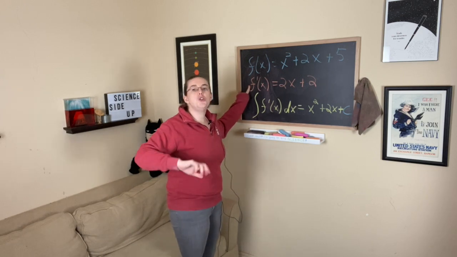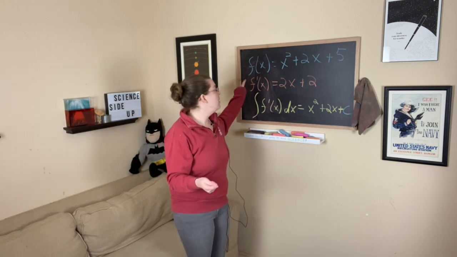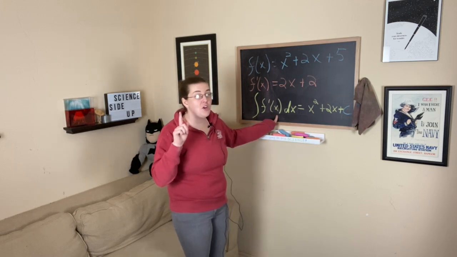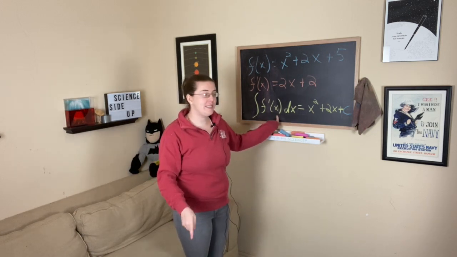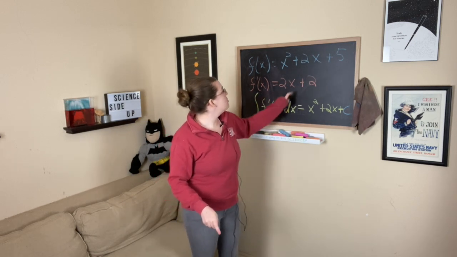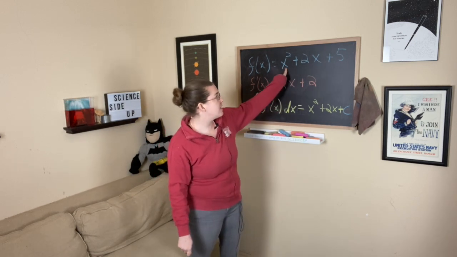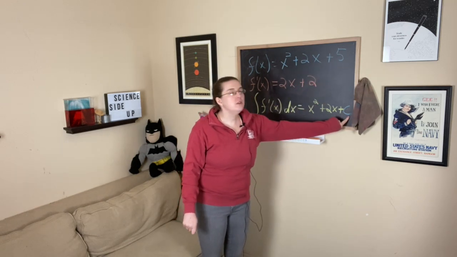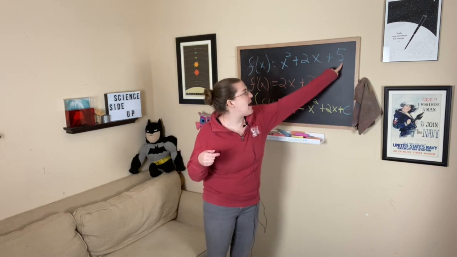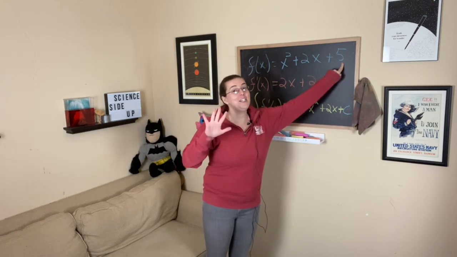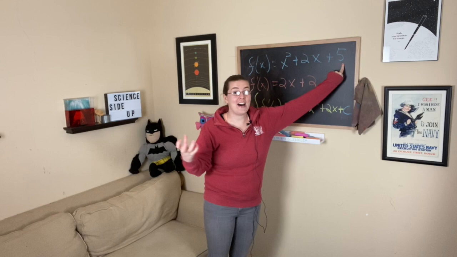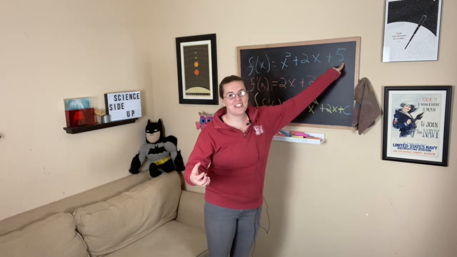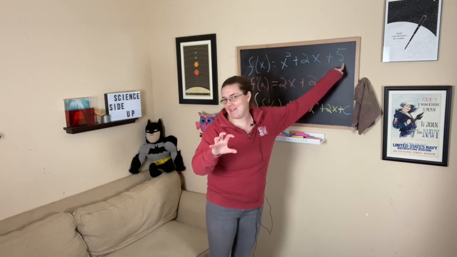And then we were able to undo the derivative by taking its integral. I do want to point out that we lost information when we did that. We know that the original function was x squared plus 2x plus 5, but the integral loses information about constants. There are some very specific mathematical reasons for why that is, but again, I'm not going to get into the ins and outs of math theory, right?